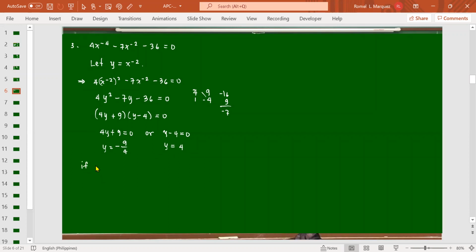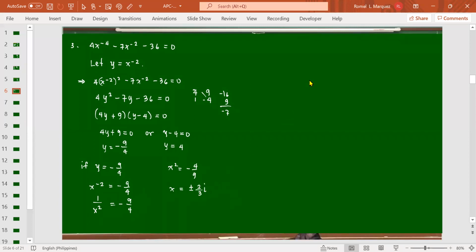So if y equals -9/4, then x to the -2 is equal to -9/4. Or that is 1 over x squared is equal to -9/4. So x squared therefore is -4/9, taking the reciprocal of each side. x therefore is plus or minus 2/3 i.